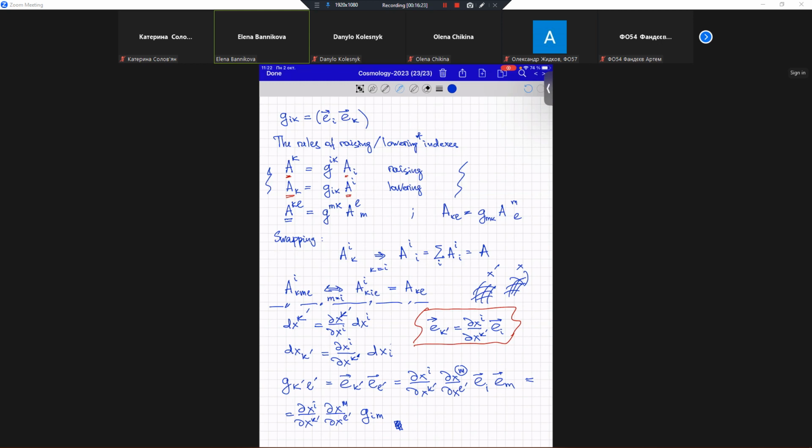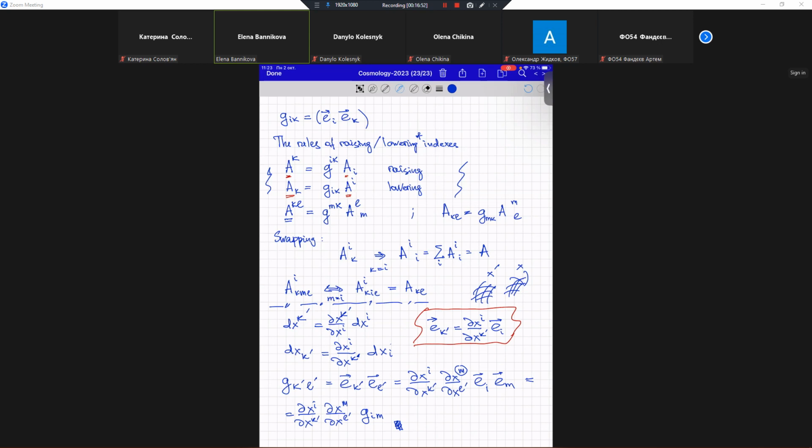The same you can repeat for the covariant metric tensor, which we sometimes call a twice covariant tensor, and you can do the same for the contravariant metric tensor. This is the proof that this tensor transforms as a tensor.